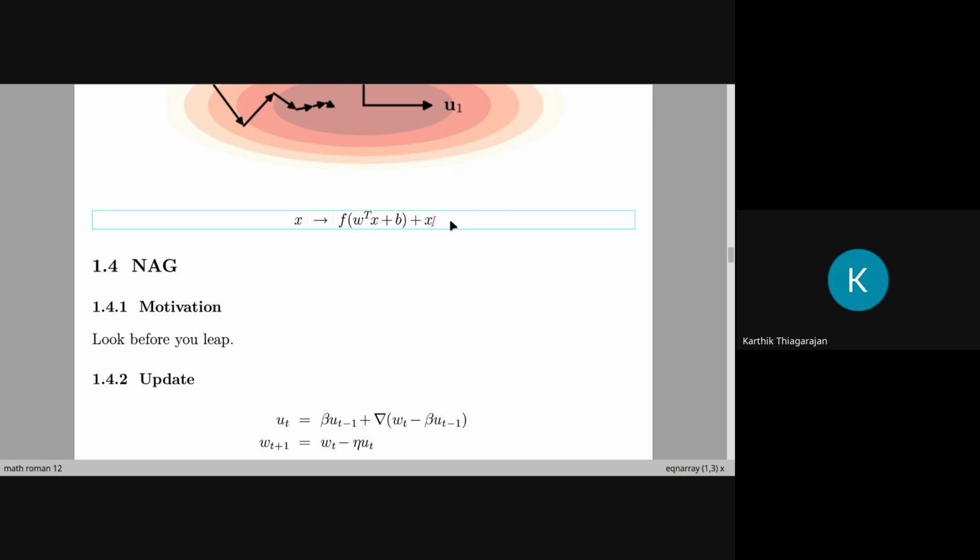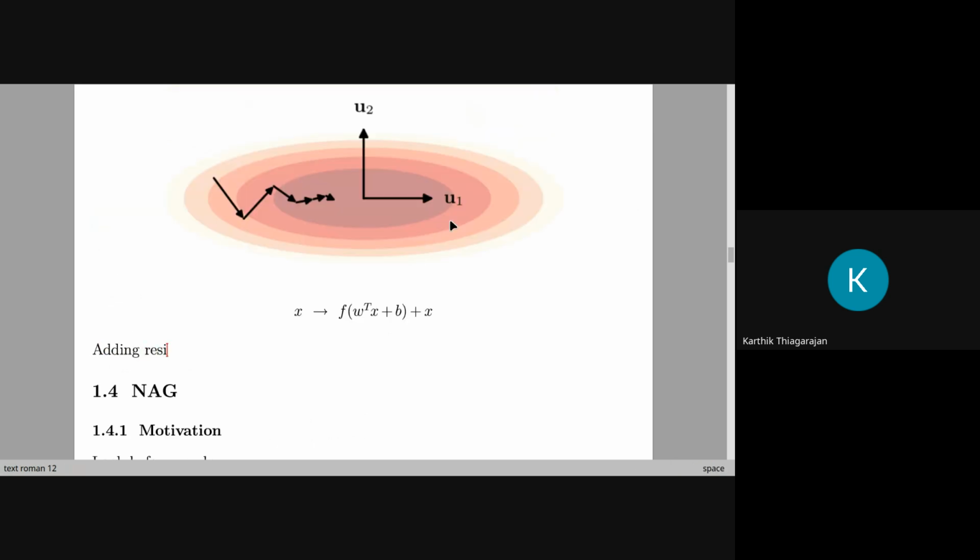Apparently, adding these residual connections helps the network learn better. Initially, researchers thought this was happening for some specific reason, but later on they came up with a different explanation. Apparently, adding these residual connections makes the loss surface smoother.